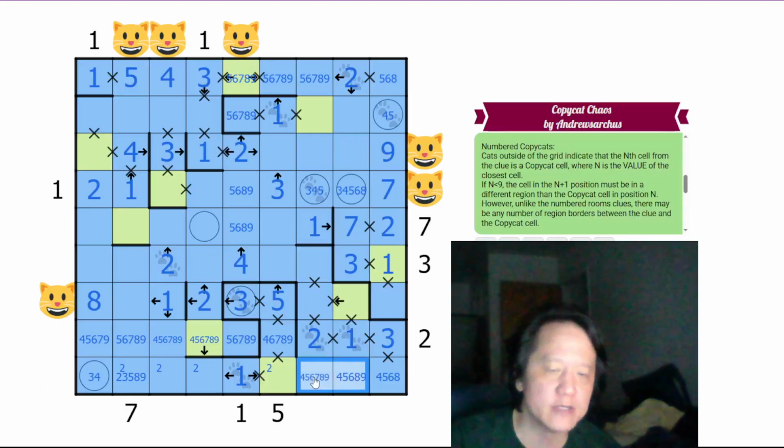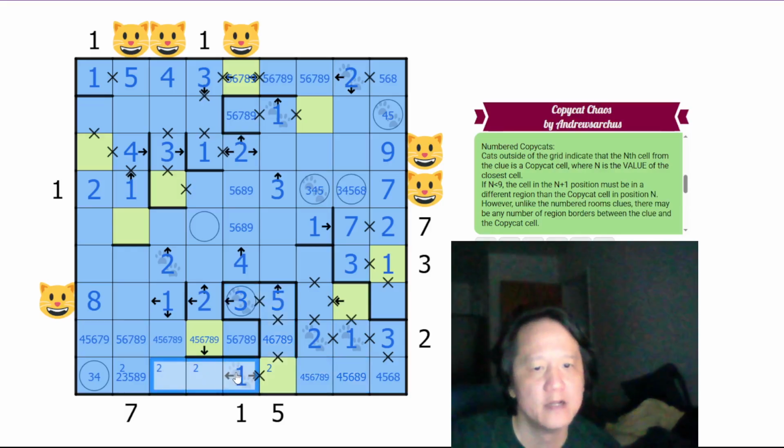But we don't know about these. But this is still 1, 2, 3, 4, 5, 6, 7, 8, 9. So we're guaranteed at least these are in the same region. No 2 here. No 2 here. So we could have 2 there. That is still possible.